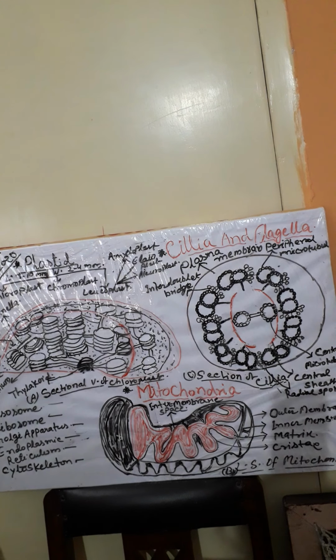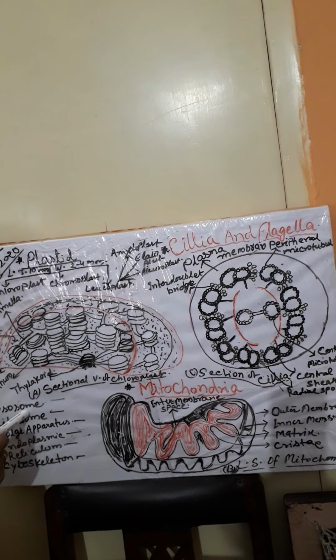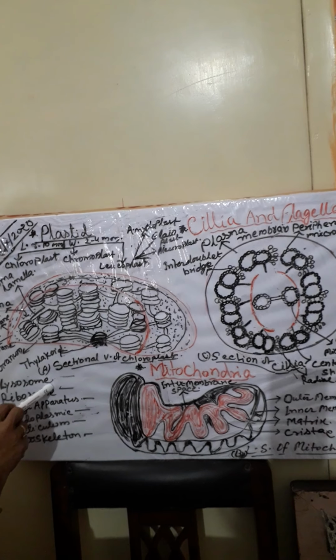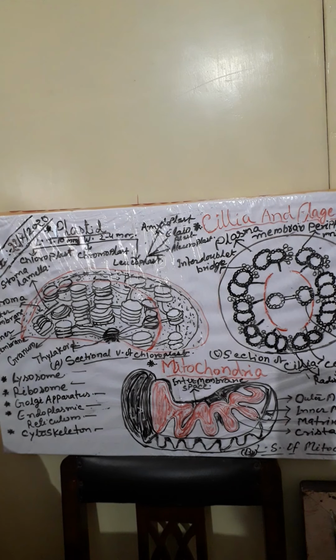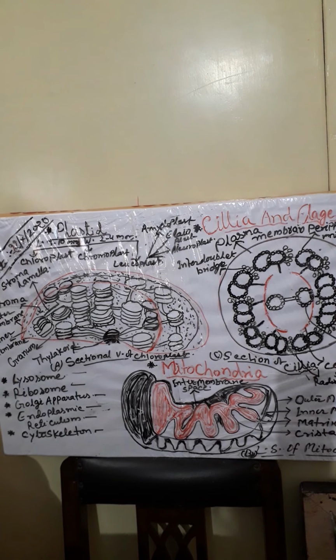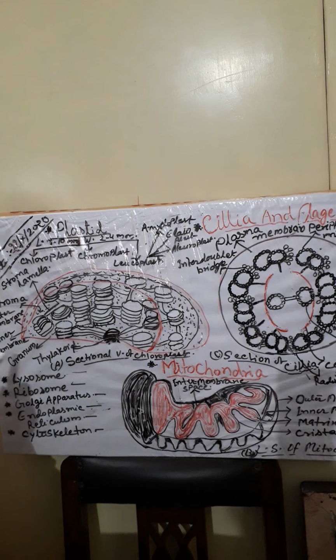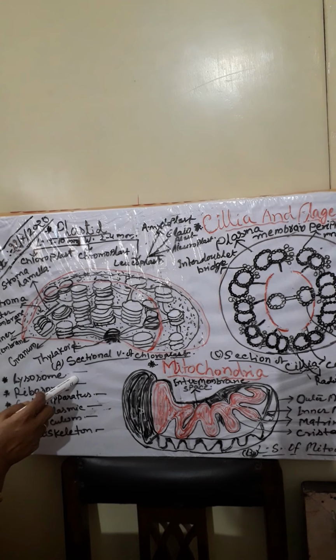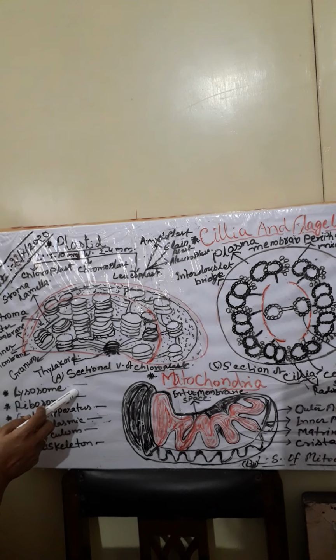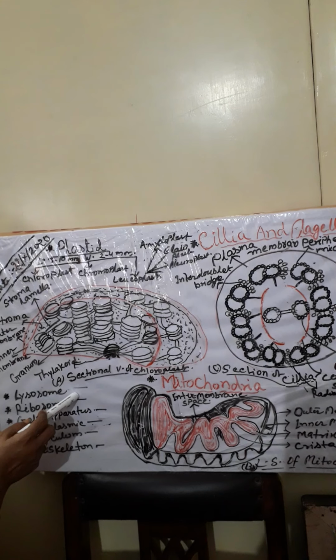So now we discuss lysosomes. These are other cell organelles, known as suicidal bags. These are membrane-bound vesicular structures formed by the process of packaging in the Golgi apparatus.